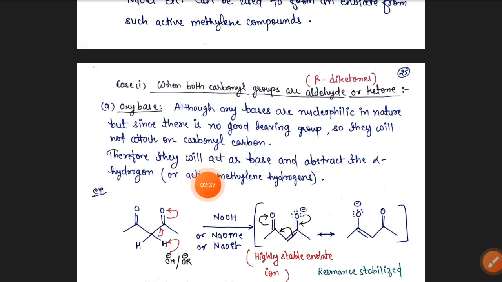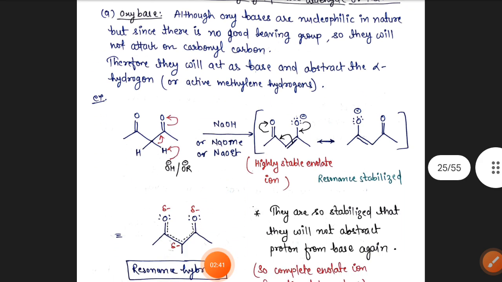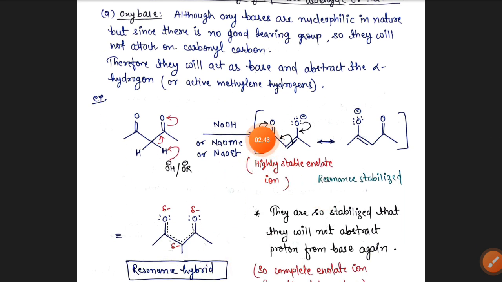Therefore they act as a base and abstract an alpha hydrogen atom. So this is the mechanism for this reaction, where the base used is NaOH, sodium methoxide or sodium ethoxide.